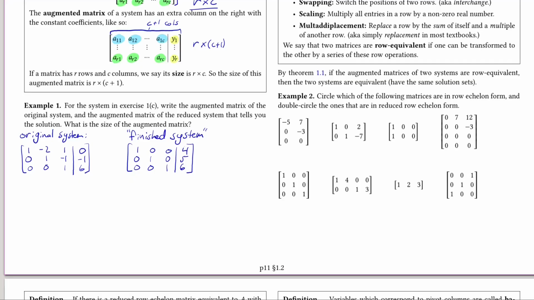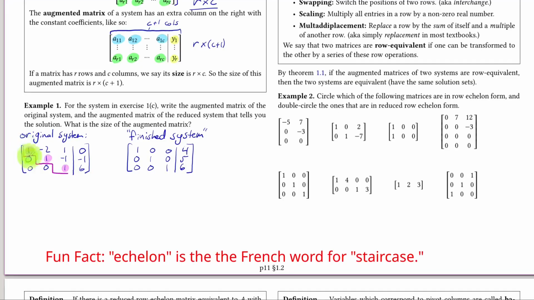The gist of it, though, is that if you look at where the zeros in the bottom left are, based on where the leftmost non-zero entries are, and look at what's below that, where all those zeros are, you kind of have this staircase form of the zeros with these leftmost non-zero things on them.